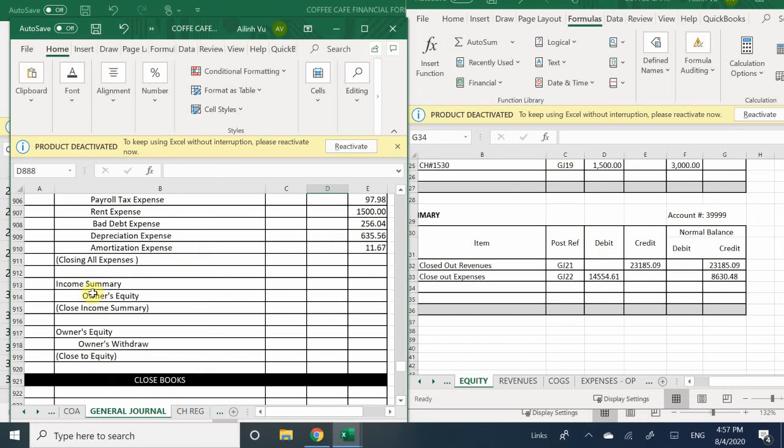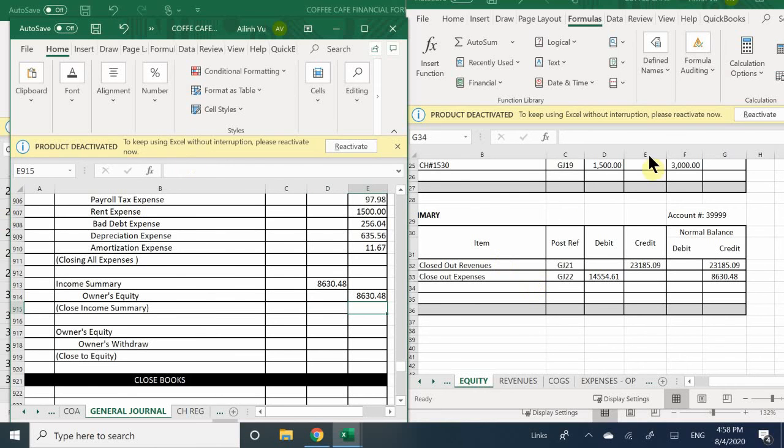And by doing that, I'm going to increase my owner's equity by that $8,630.48, on both sides.